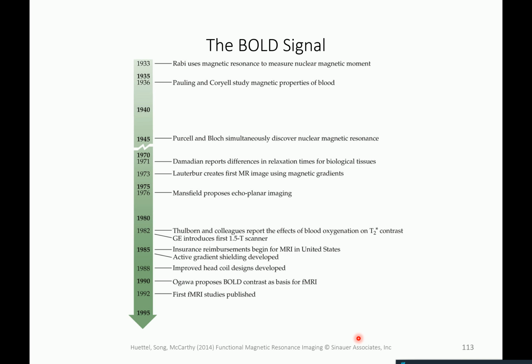So that's some stuff on neurovascular coupling, and now we want to zoom in more into the BOLD signal, and look at the BOLD signal from first a historical perspective.